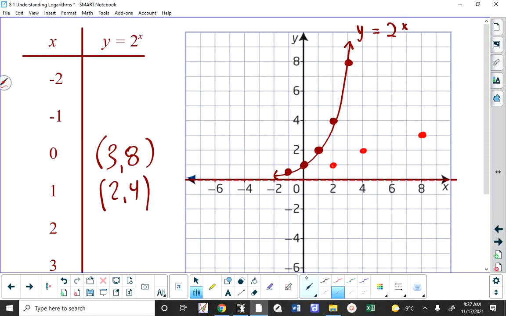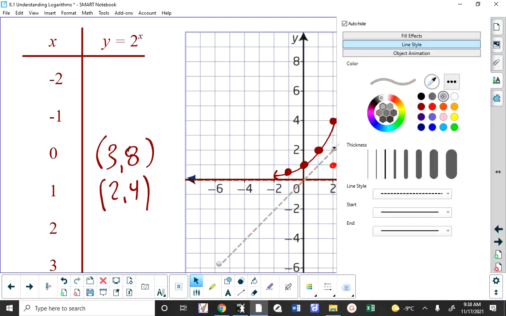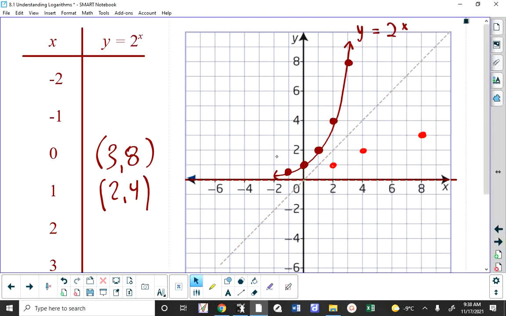By the way, if you want, you can make a note that this is a beautiful reflection in the line y equals x, which it had better be because that's also a way we could arrive at an inverse graphically. 0, comma 1 becomes 1, comma 0.